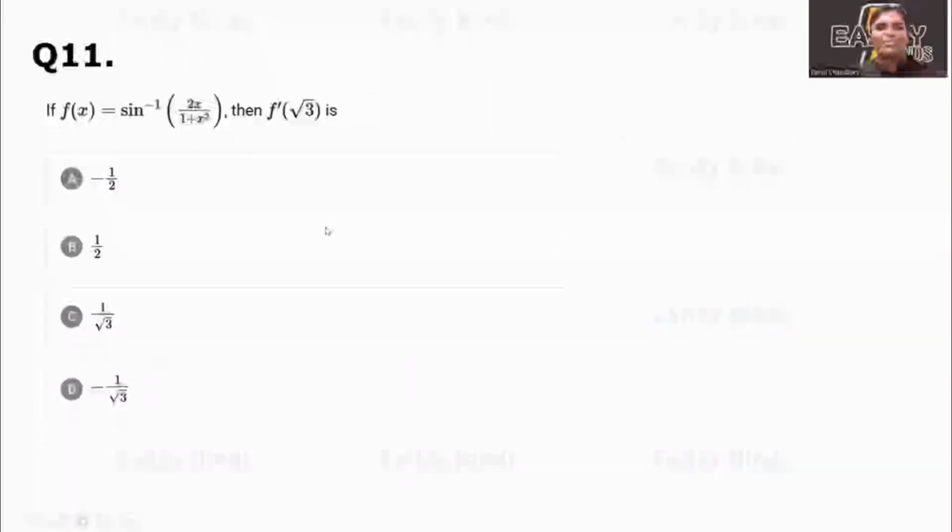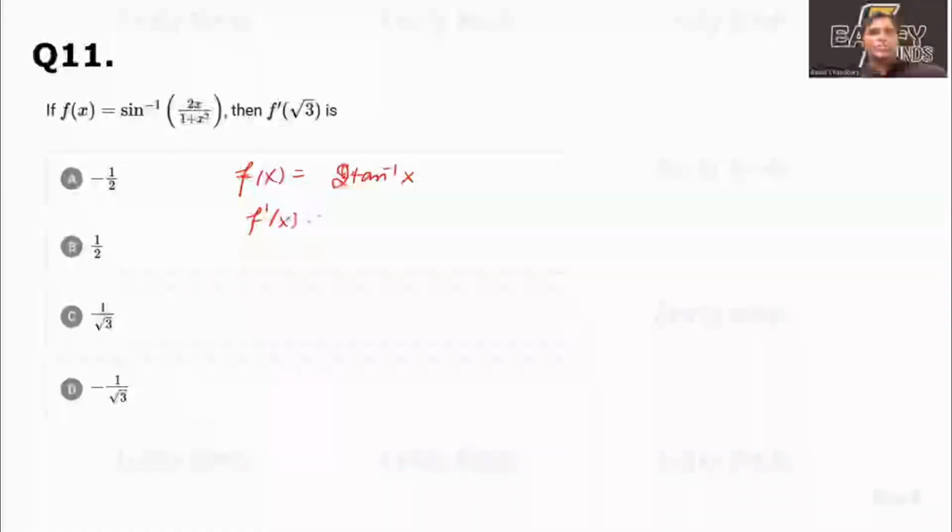Next one, question number 11. f(x) = sin inverse(2x by 1 plus x square), we have to find f dash 3. Now it is ITF with differentiation. Very good, Anuya. B option. We know that this is a formula: sin inverse(2x by 1 plus x square) is 2 tan inverse x.